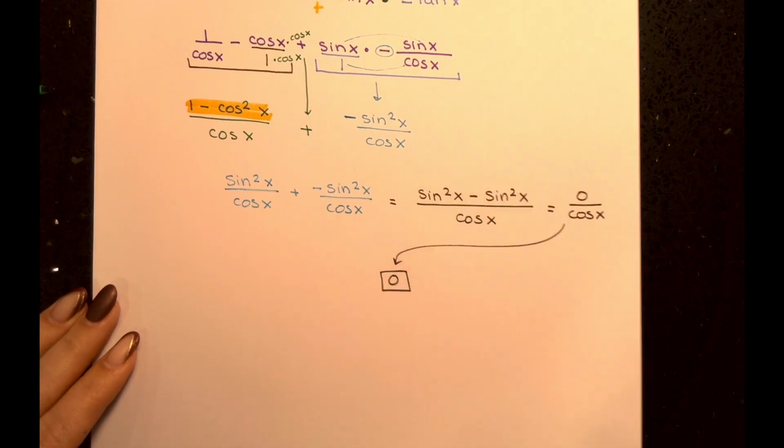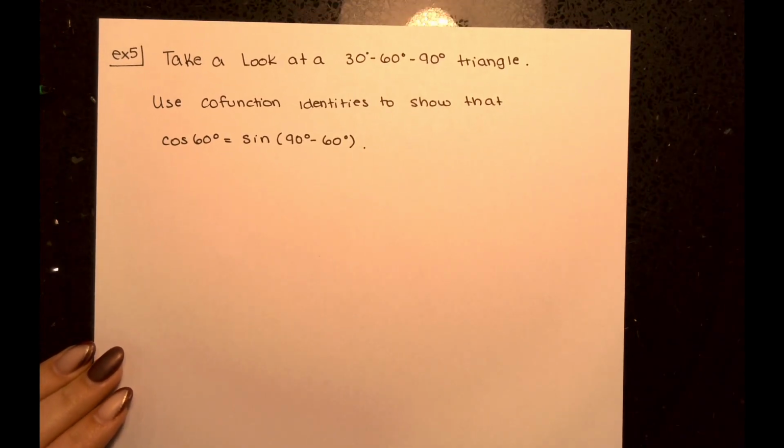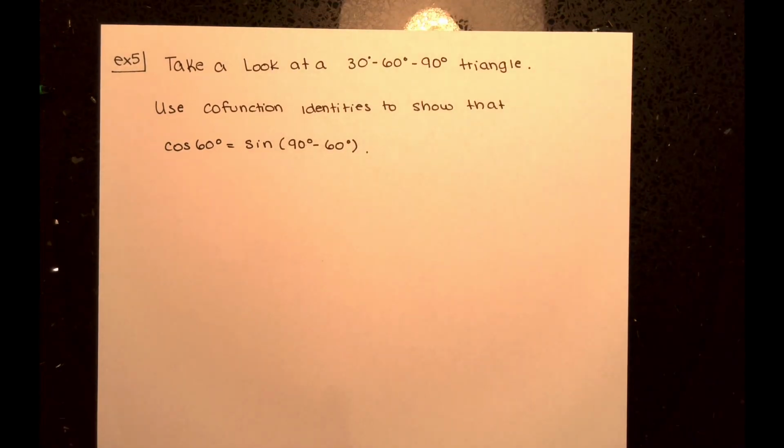Last example, promise. Okay, we're going to take a look at a 30, 60, 90 degree triangle. You're going to use cofunction identities to show that cosine of 60 is equal to sine of 90 minus 60. Now, it is a little bit trippy looking because of the degrees.